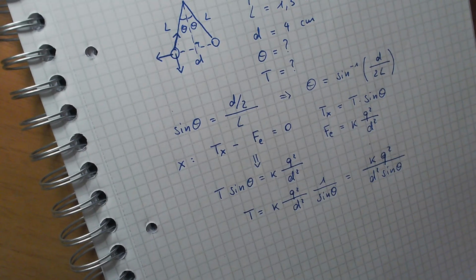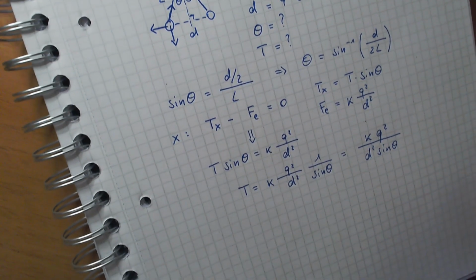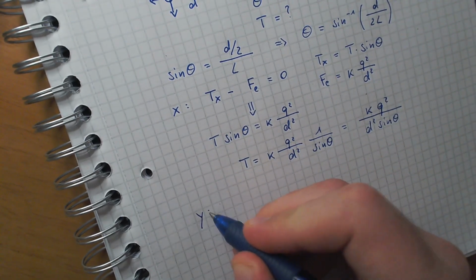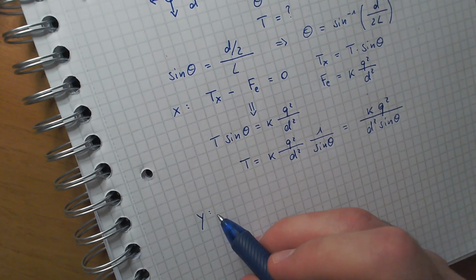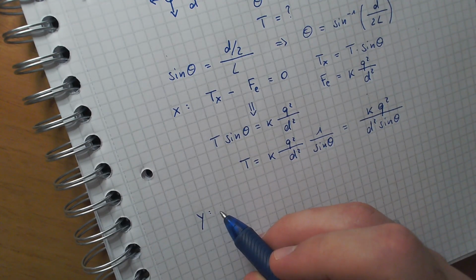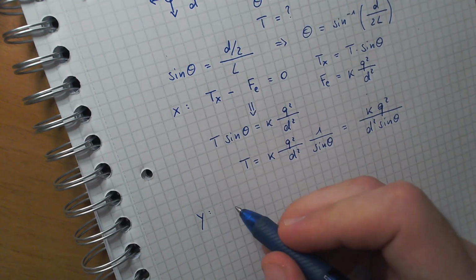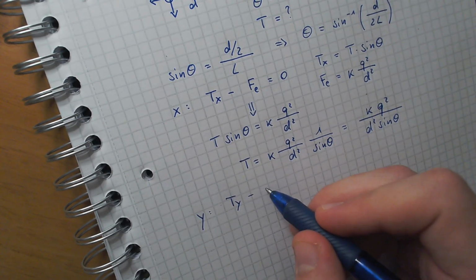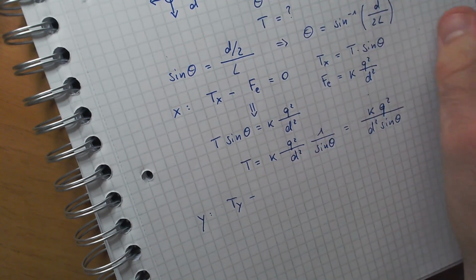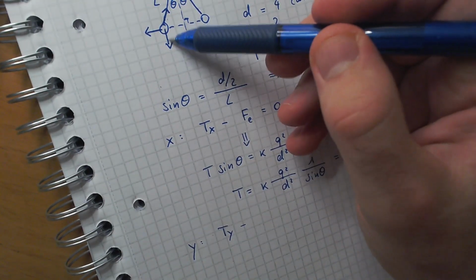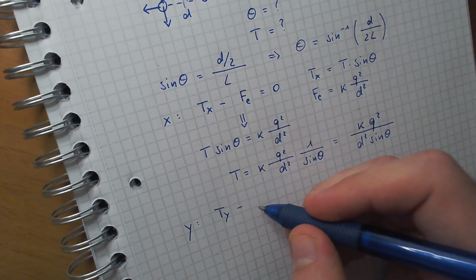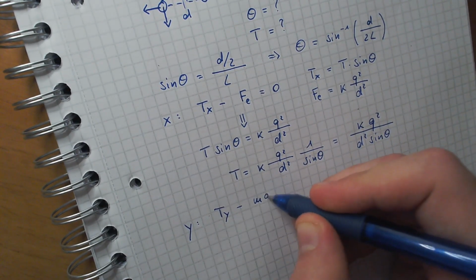We also know that as far as the y-axis is concerned, the sum of the forces is also 0, so we can write Ty minus the weight of the charge, this force, which is given by m times g.